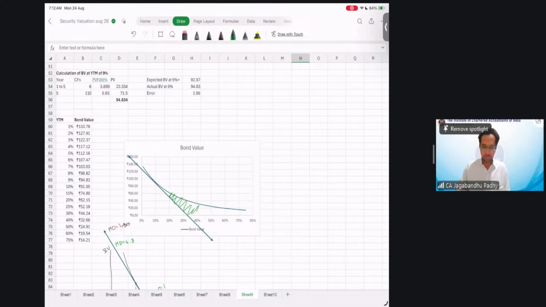I need to address that part, which is essentially the curve effect. Okay. So that curve effect is what we call as the convexity of the bond.